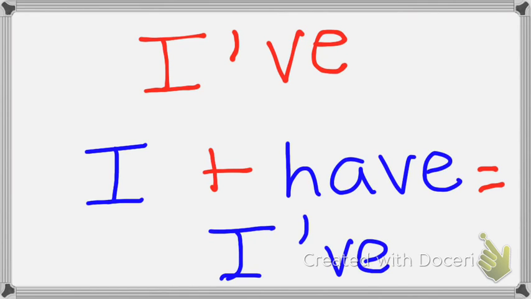And as you can see, the H and the A are what's missing in my contraction I've. I took away the H and the A, and I put the V-E at the end. So I have my I apostrophe V-E. And remember, the apostrophe takes the place of my missing letters, the ones that I took off.